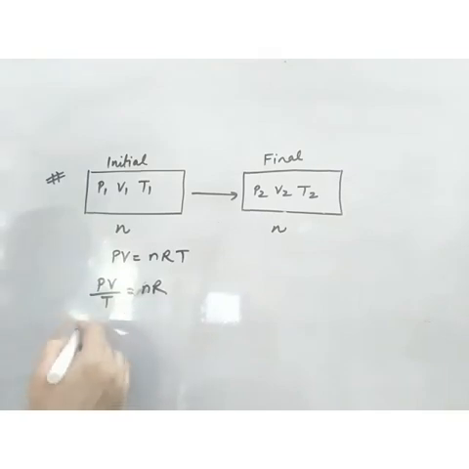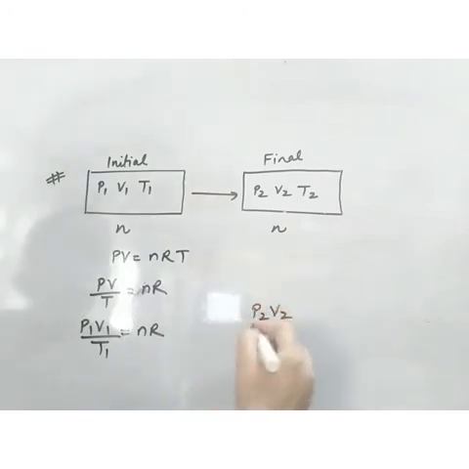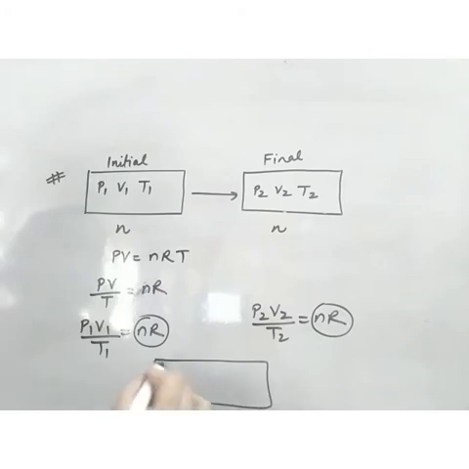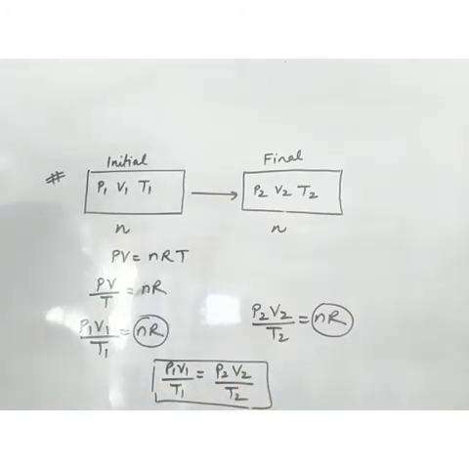Now for the initial condition I can write P1 V1 upon T1 is equal to nR, and for the final condition I can write P2 V2 upon T2 is equal to nR. Since both are equal to nR, I can write that P1 V1 upon T1 is equal to P2 V2 upon T2. This is another modification of our ideal gas equation or combined gas law: if initial and final conditions are given to us, we can calculate one unknown quantity.